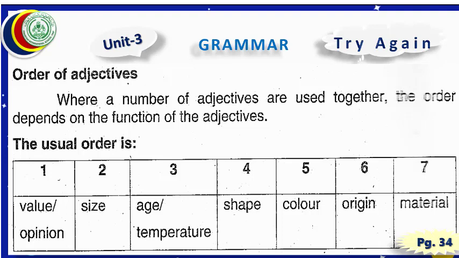According to grammar rule, we arrange the adjectives in this sequence. First of all, we shall write the adjective telling us about the value of the noun, or it can be someone's opinion about the noun. Then we shall write the adjective which is telling us about the size of the noun. After that, there will be an adjective telling us about the age or temperature of the noun.